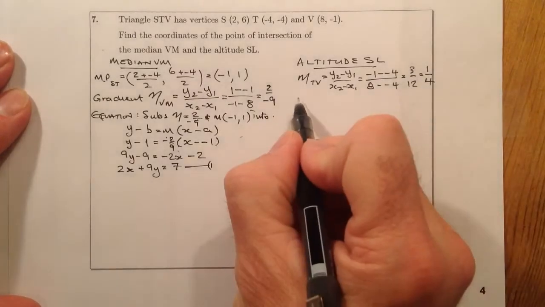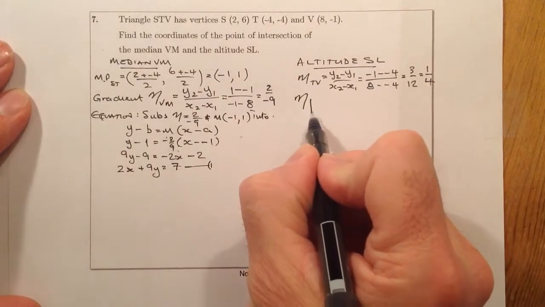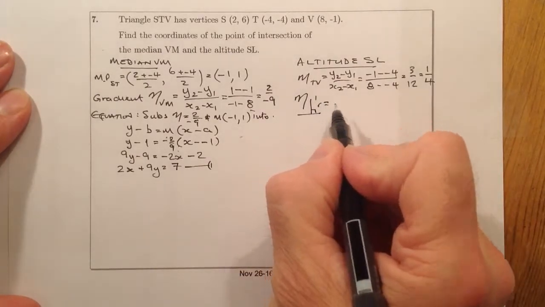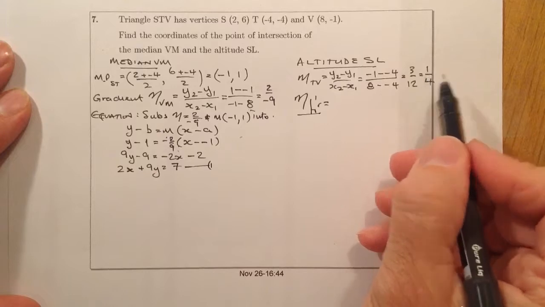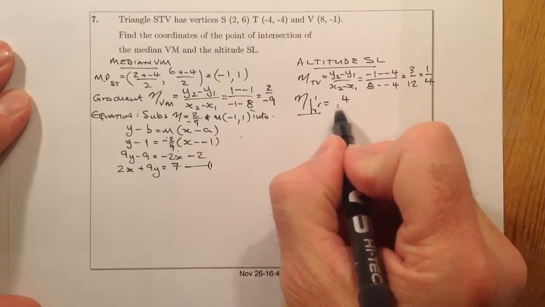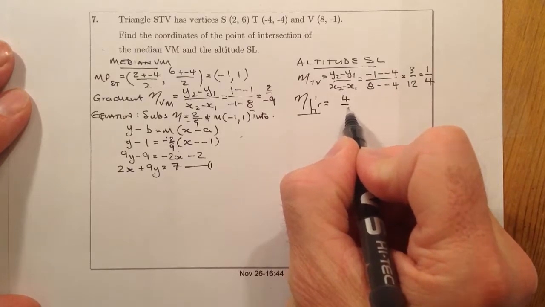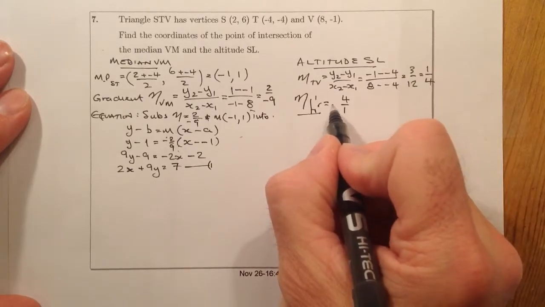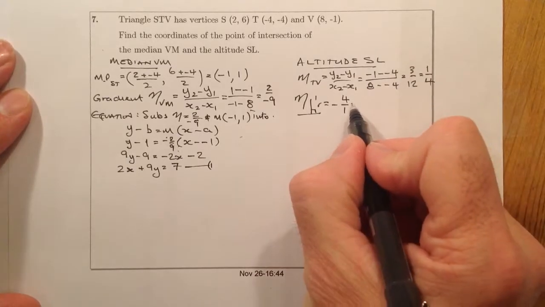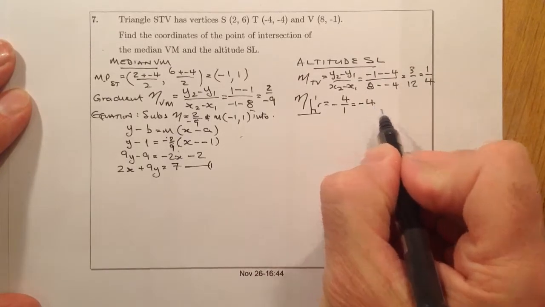So what I'll then do is find out the perpendicular gradient. So there's my wee kind of right angle there. Perpendicular gradient is going to be equal to, if I've got 1/4, I'm just going to flip that over. So I'll flip it and change it. Okay, so it'll be like 4 over 1, and then I'll just change that to minus. So that there would simplify out to be minus 4.